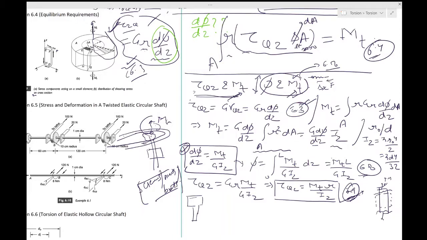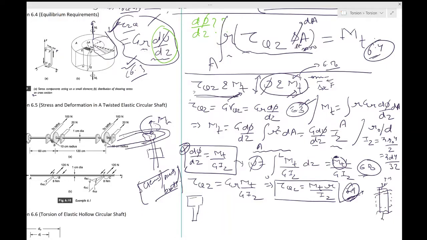Now, when we consider a length of the circular shaft to be a structural element, the relation 6.8 becomes the load-deformation relation. That's obvious. This is the load MT, this is the deformation, to be used in the third step of 2.1.